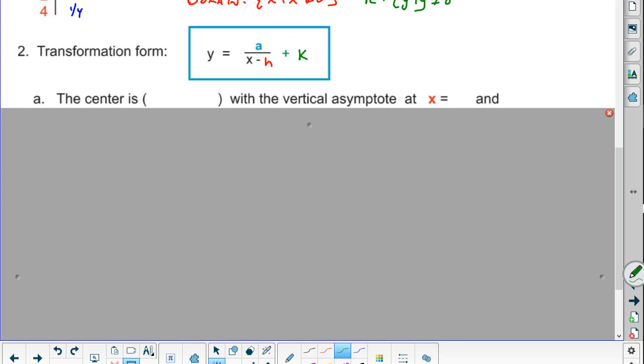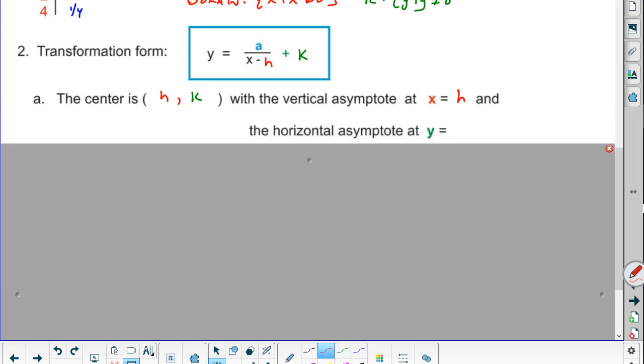But in this simplistic form, the center, again, an imaginary point, is of course going to be (h, k) with a vertical asymptote up and down of x equals h, and the horizontal asymptote of y equals, of course, k.